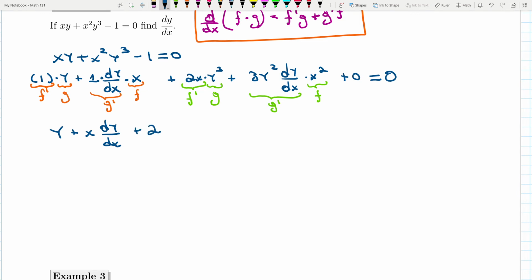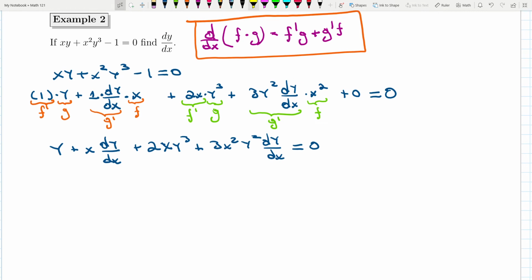Plus 2xy cubed, plus 3x squared y squared dy/dx equals 0.